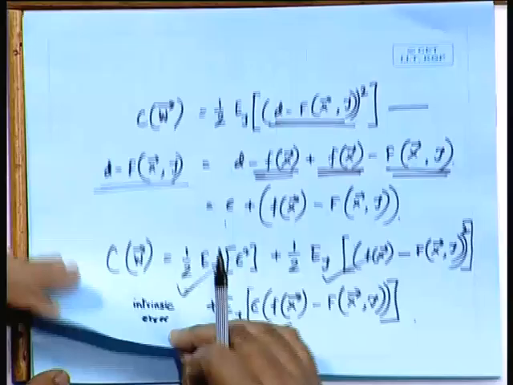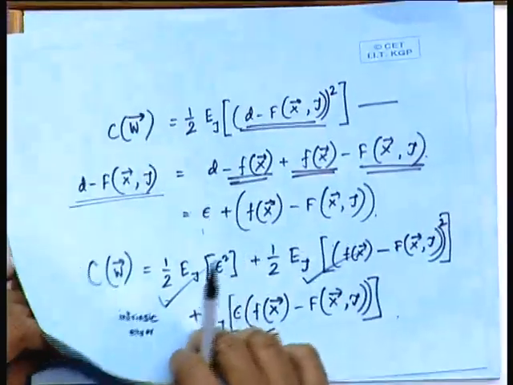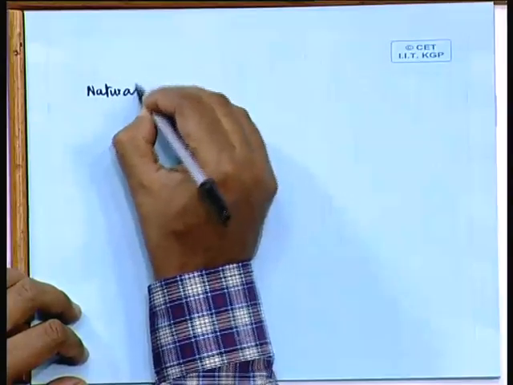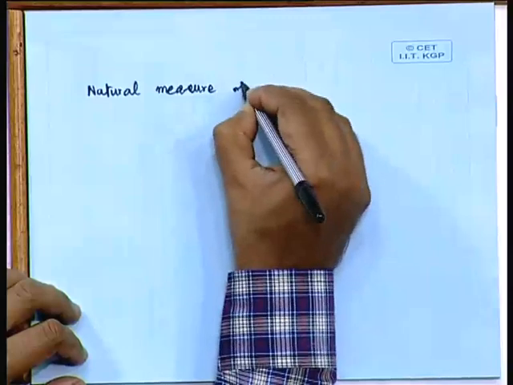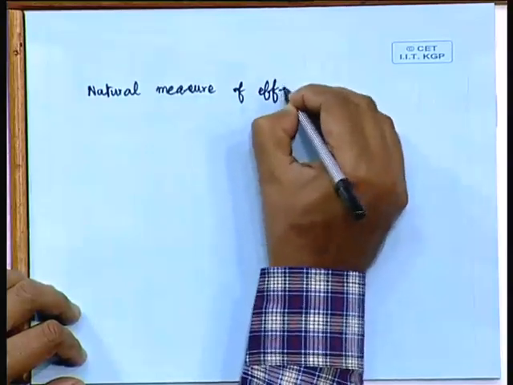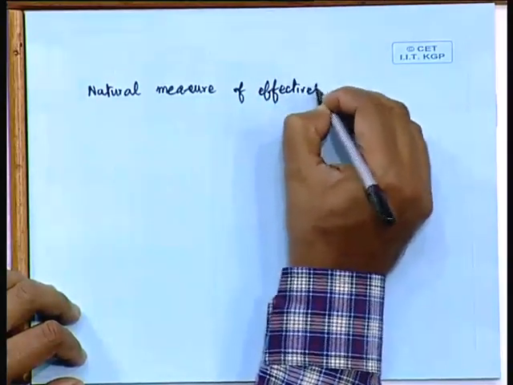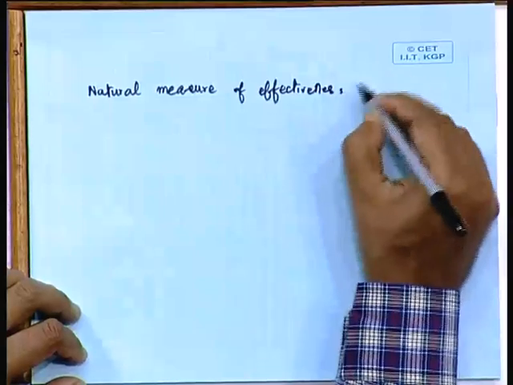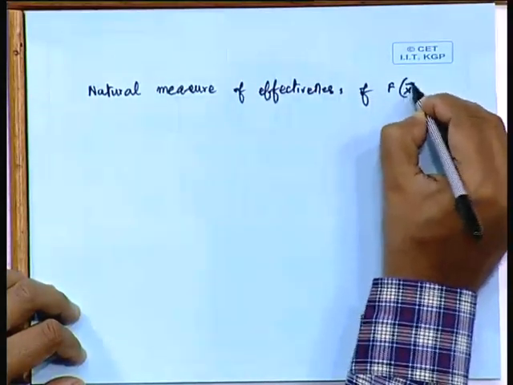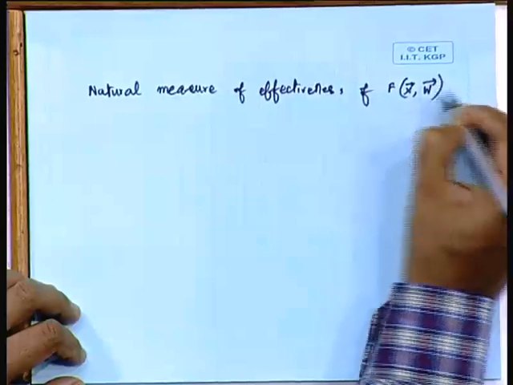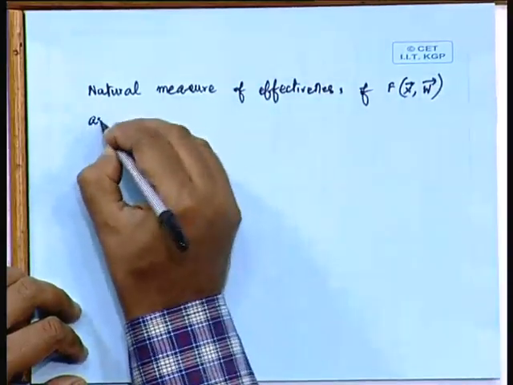So, the natural measure of effectiveness we can write in this manner: the natural measure of effectiveness of f of x comma w as a predictor.